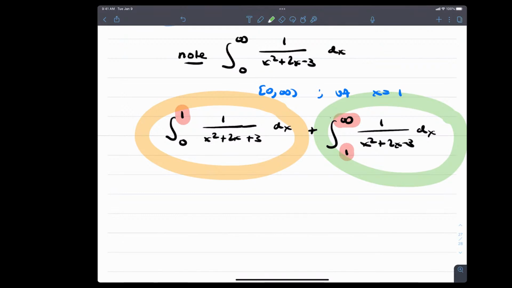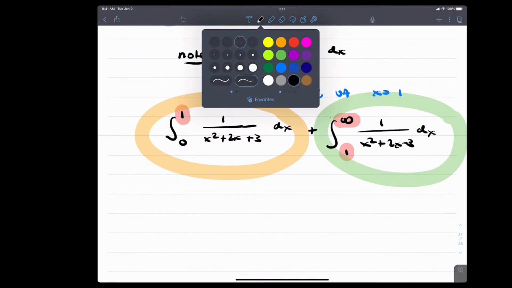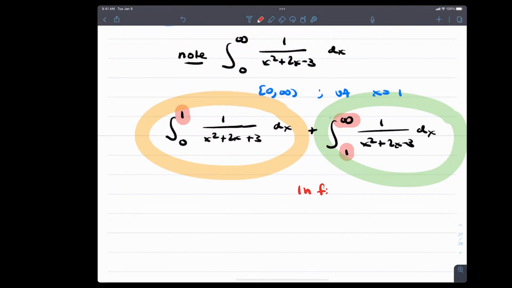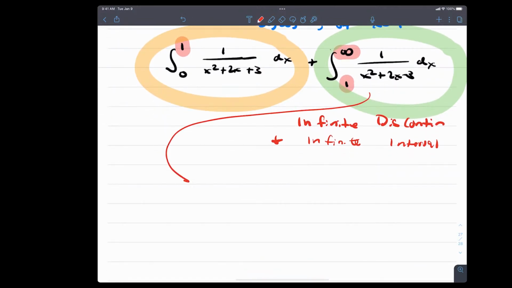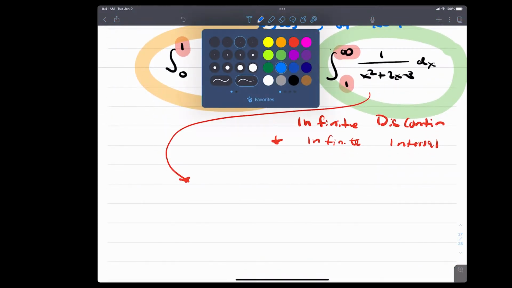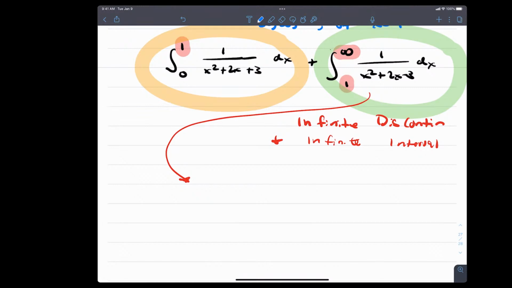Infinite discontinuity and infinite interval. Let's write that down. So how would you handle that? Well, split it up. Give me a number that's bigger than 1. Any number. 3. Okay. Integrate from 1 to 3.